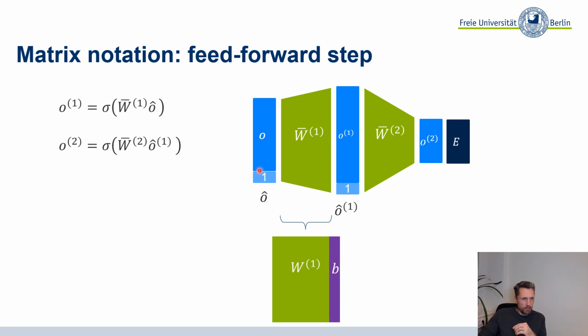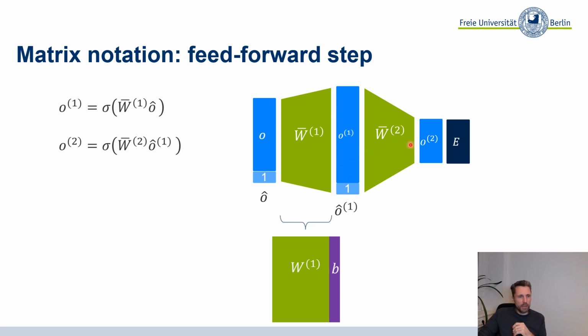So this vector is multiplied with the weight matrix, with the augmented weight matrix, pushed through a sigmoid to obtain the output vector O superscript 1, and then the same is then done with the hidden layer activations.